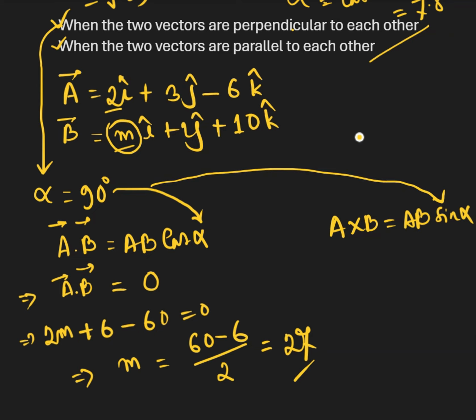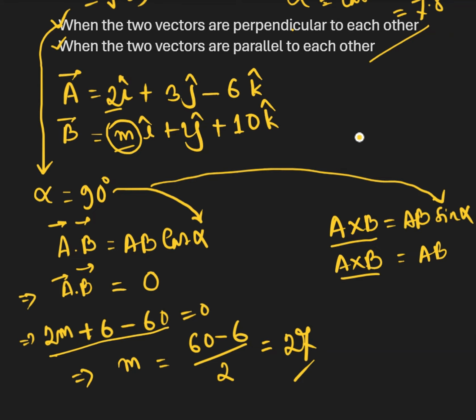But if we are going to use this other equation, there will be trouble. Why? Because if we plug in the value of 90 here, it will become 1, right? So a cross b is equal to ab. That will be a difficulty, because here we'll have a different equation, since the product of a cross b will be different compared to this one.